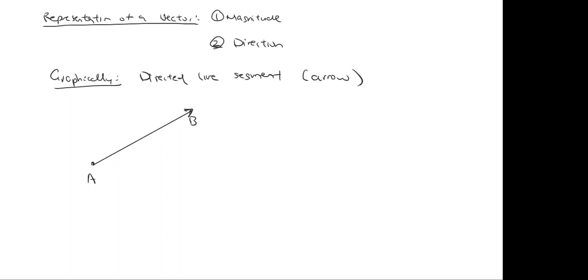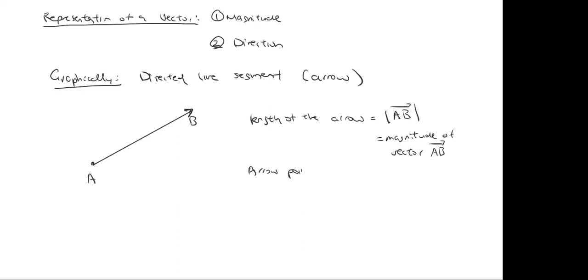And this arrow is a graphical representation of your vector, where the length of the arrow, which can be represented by this, the absolute sign, is the magnitude of vector AB. And the arrow point itself represents the direction of the vector.